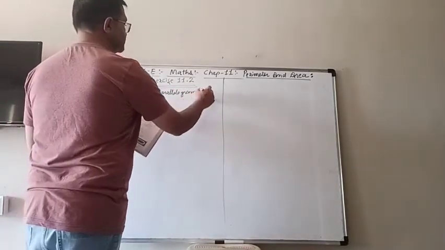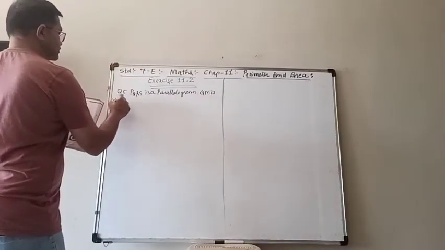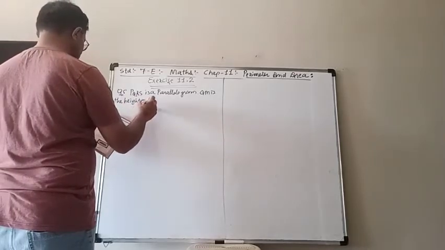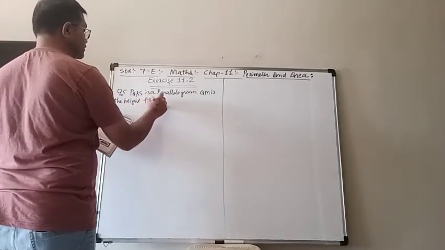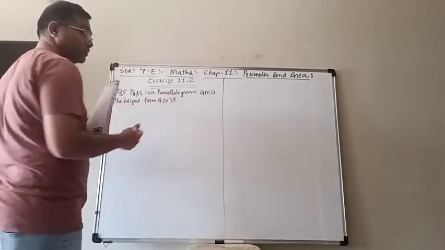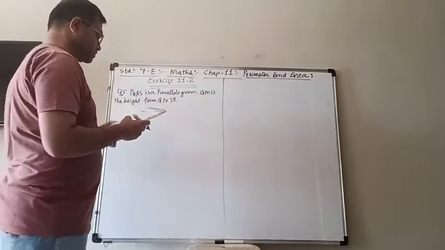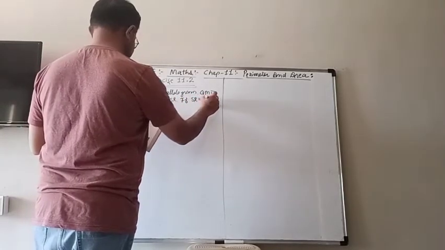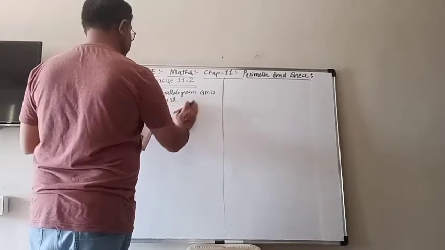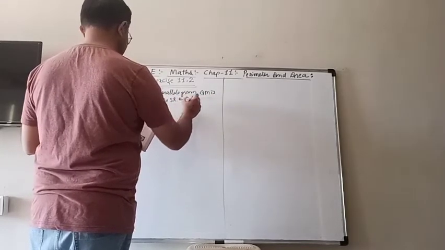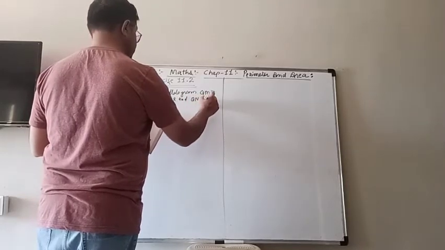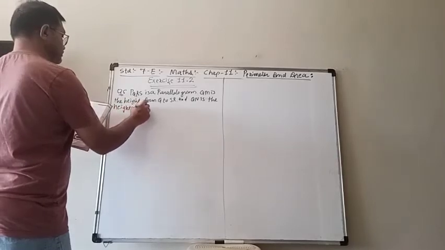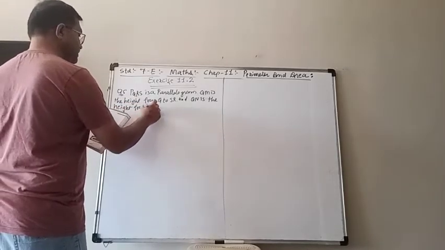QM is the height from Q to SR. If SR is equal to 12 centimeter, also given that QN is the height from Q to PS.